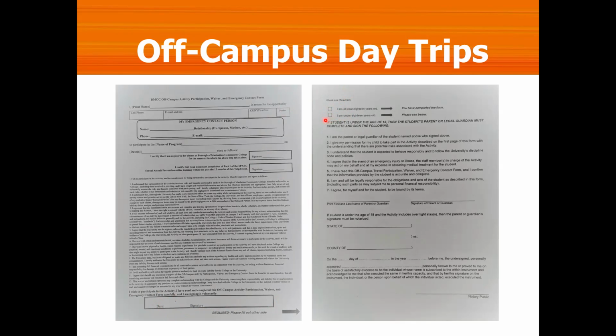If you are under 18 years old, you have to read this and have a first and last name of a parent or guardian. You have to have your parent or guardian sign it. This whole portion needs to be completed, and you also need to get it notarized. All of this must be done before the trip takes place and before you submit this form.